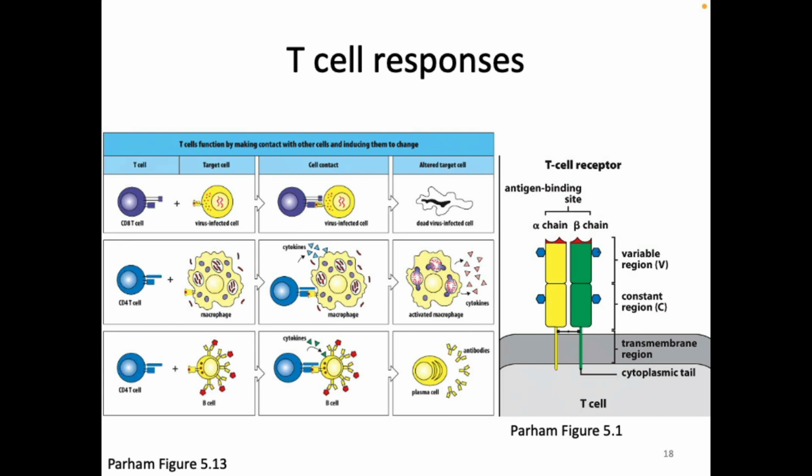So what we've been looking at is what's happening in this infected cell, this virus-infected cell, this macrophage, or this B cell, how we have gotten some kind of peptide and put that peptide on MHC so that that cell can talk to a T cell, a CD8 T cell if we're thinking about MHC class 1, or a CD4 T cell if we're thinking about MHC class 2. So the whole point of this discussion has been thinking about this as the antigen that binds to T cells. And this is getting us ready to think about T cells more starting on Wednesday.